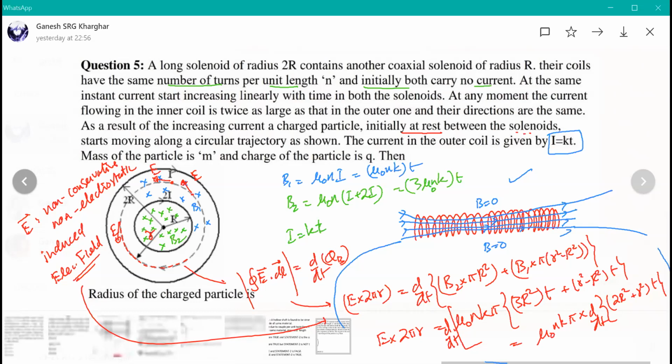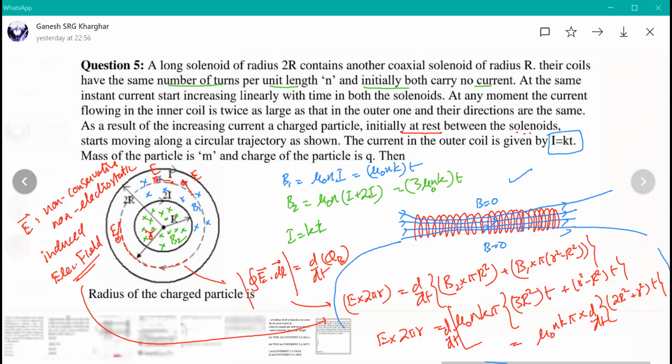Okay, so now you must have understood what is happening. If the particle remains in a circular path, that means the charge of the particle into the electric field at any instant of time is equal to the tangential force acting on it. So there is tangential force, which means there's tangential acceleration, so it's in a non-uniform circular motion.